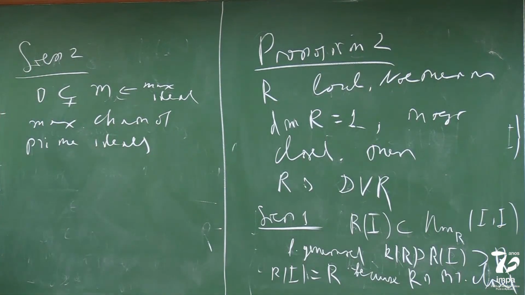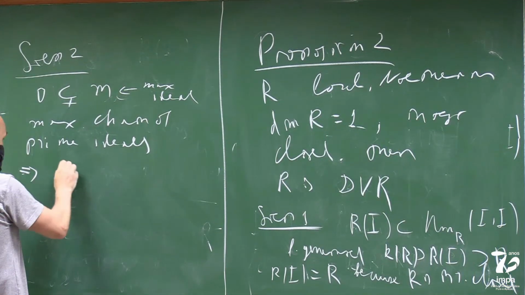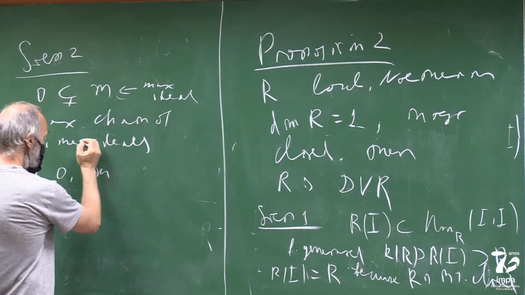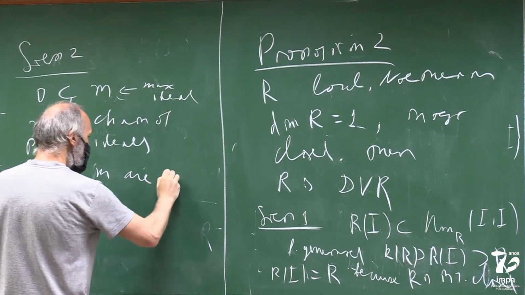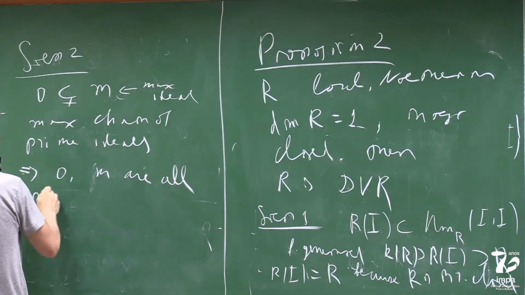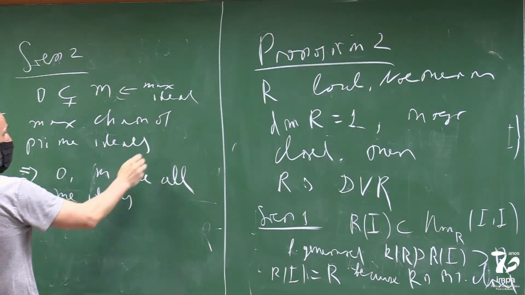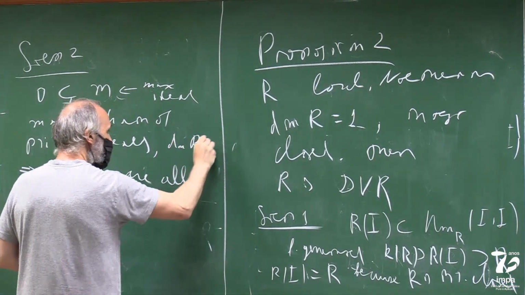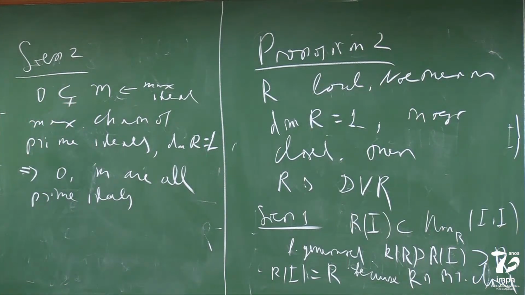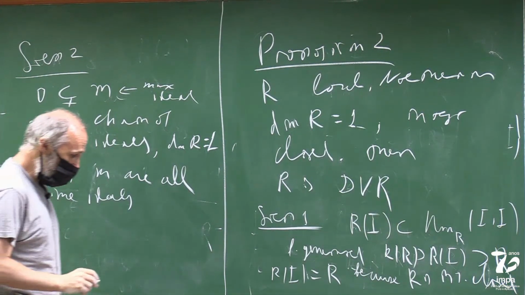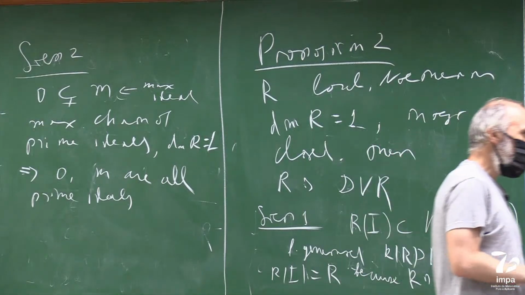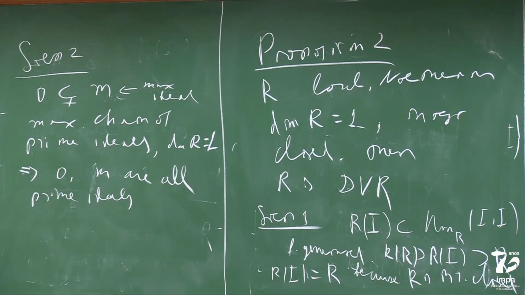Every prime ideal also sits between 0 and m, and since the Krull dimension is 1, this means that 0 and m are all prime ideals. Something we already have seen.